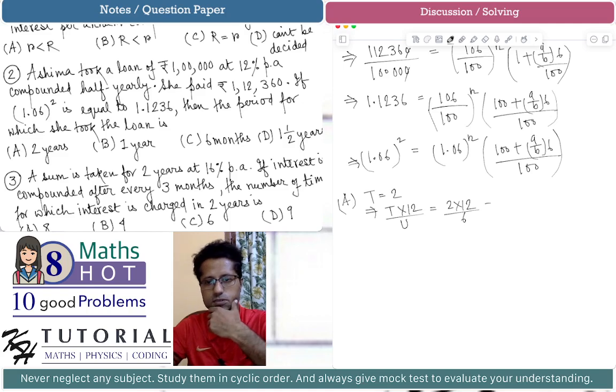So this is equal to 4. So t multiplied by 12 divided by u is 4. This implies n is equal to 4.